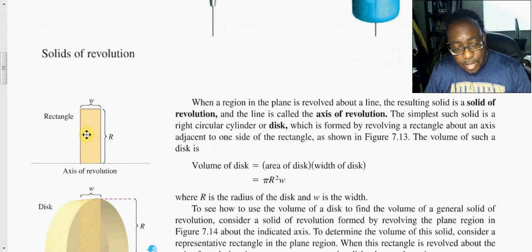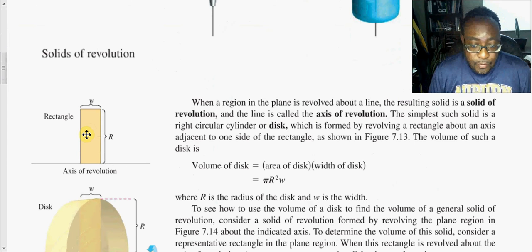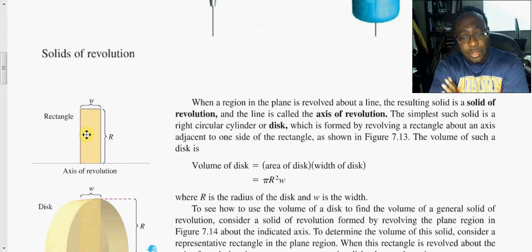Here, the rectangular slice would give us the so-called area, and then from that area we will multiply it times the width, and we get ultimately the volume of the disk.